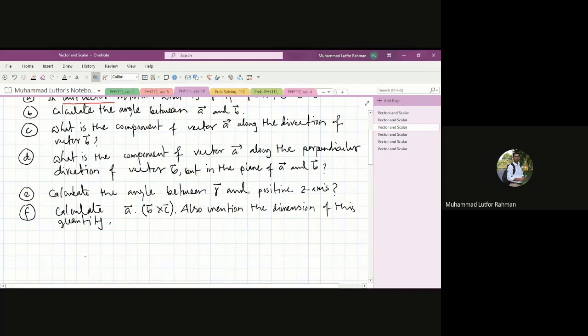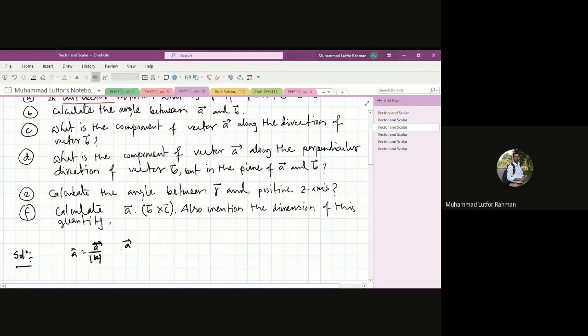Most of the guys, when they see the question mention the unit vector, automatically write that formula: unit vector is the vector divided by the vector magnitude itself. Remember, this is the unit vector in the direction of vector A.